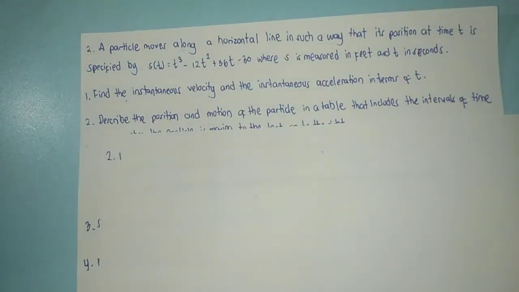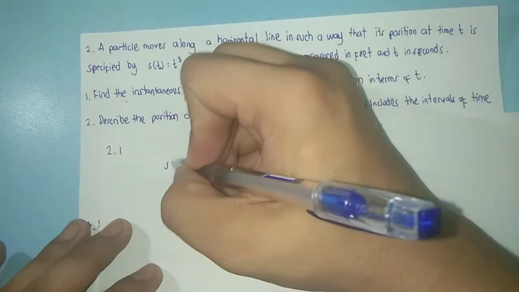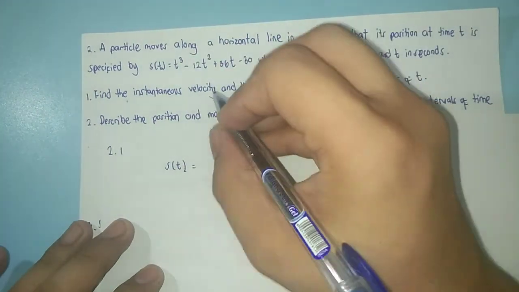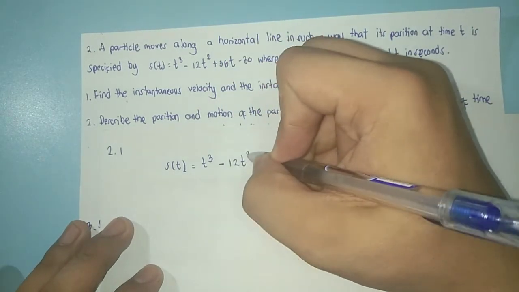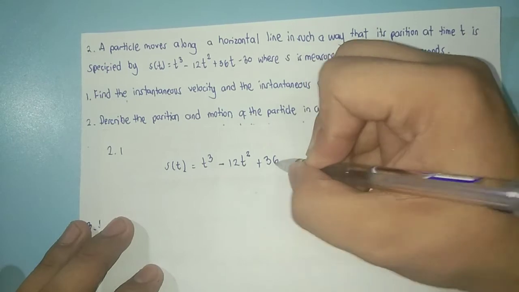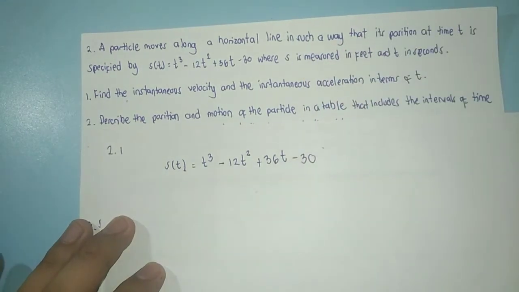So, dito, ang pinapahanap instantaneous velocity and instantaneous acceleration. So, meron tayong given dito, position ng particle. So, s of t equals t cubed minus 12t squared plus 36t minus 30.